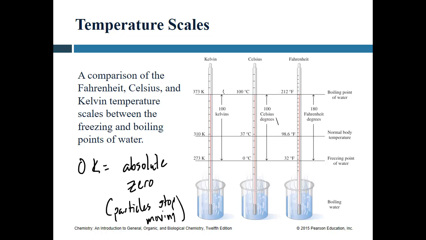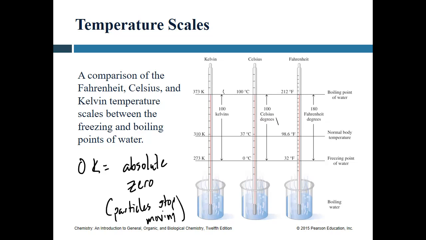You might have heard of this. This is called absolute zero. Absolute zero is a defined spot where all molecular motion, all atomic motion stops. So even in the coldest of ordered solids, there is still some molecular motion taking place.